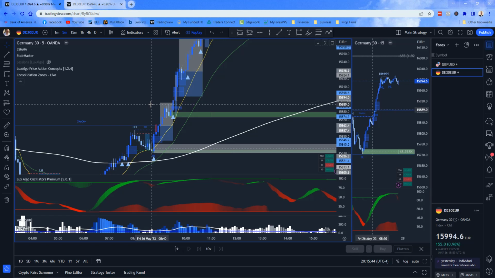And the other thing I'll point out, I do use a break even. So for me, 1.5 is typically my take profit, but I will set a break even point of 80% of that. So in this case, it's 1.2.